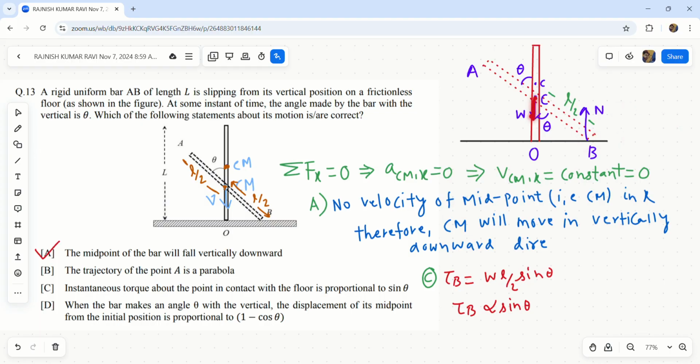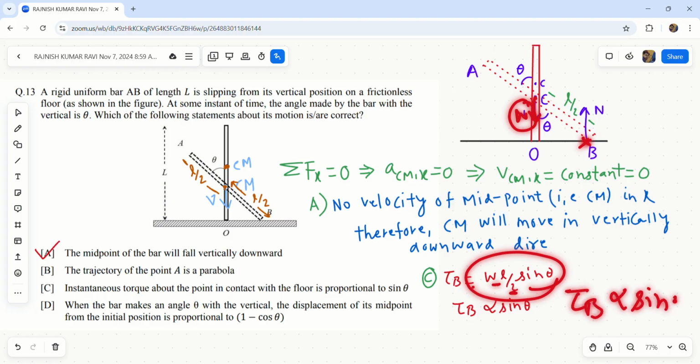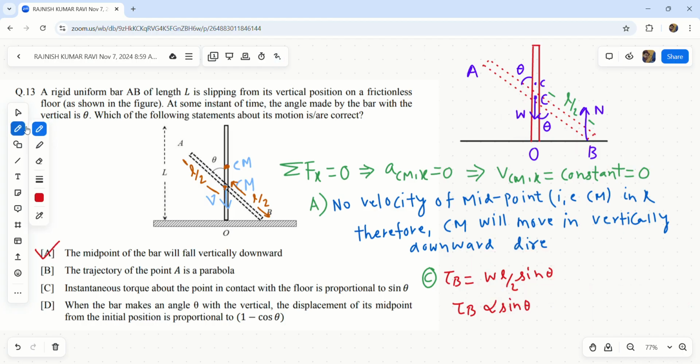The torque of gravity will be there. The torque of the weight will be W L by 2 into sine theta. This is the torque of gravity about this point. So it is clear the torque is directly proportional to sine theta, so option C is also correct.